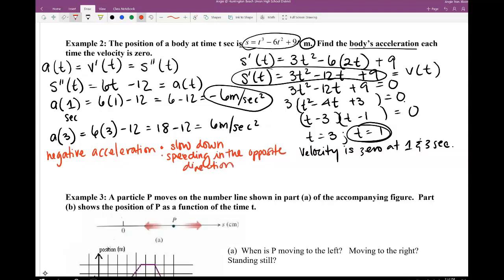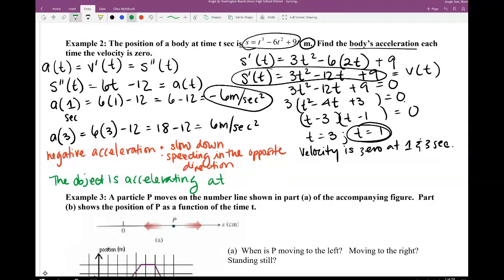Okay, so how would I write the final answer? The object is accelerating at, at 3 seconds, it's at 6 meters per second squared.